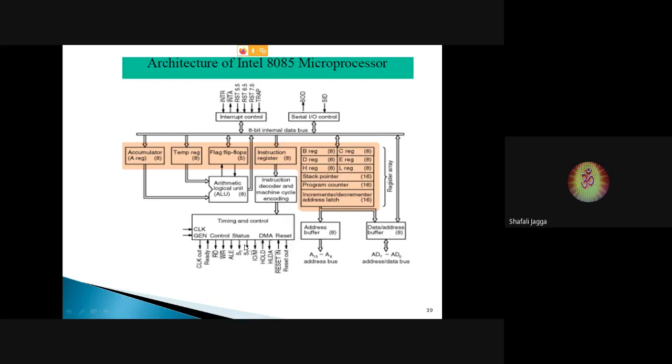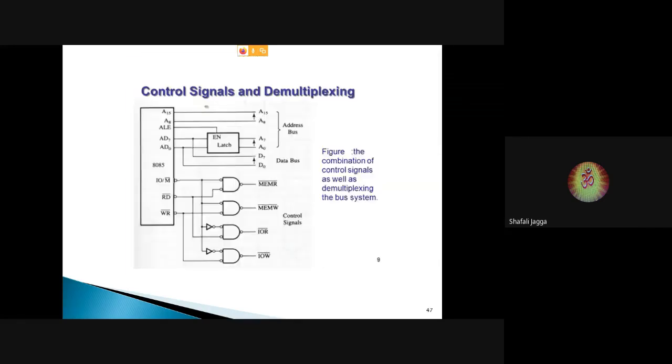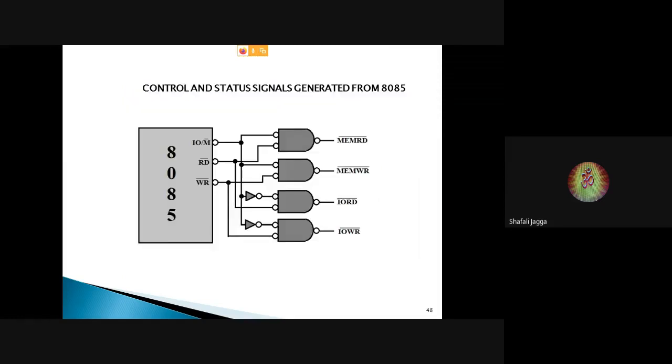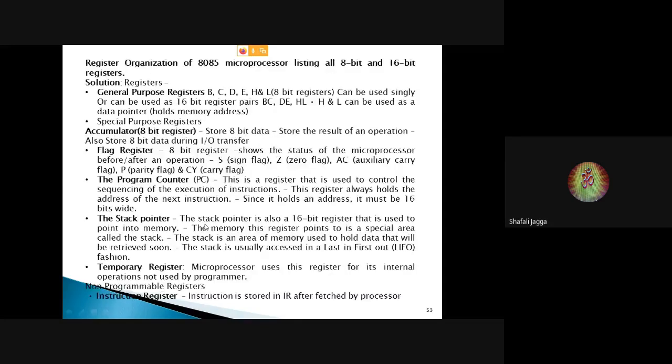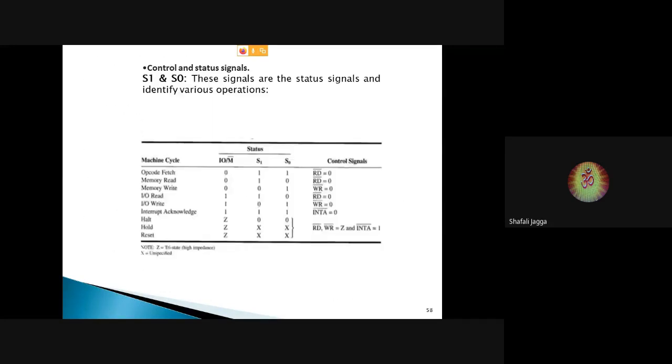Then we talk about the S1, S0 status signals. I show you by a table. So this is the S1, S0 status signal representation.